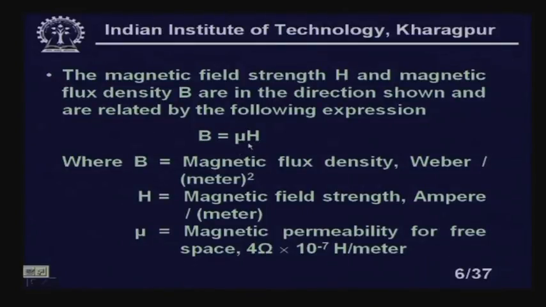Depending on the medium in which we apply this magnetic field, I will get a value of B. So, B may vary depending on the particular medium, suppose for water I have some different value of B, obviously mu will vary, in free space we will have a different value of B because mu will have some other value, but H will remain constant for some specific application. So, we are more interested to measure H rather than the flux density.